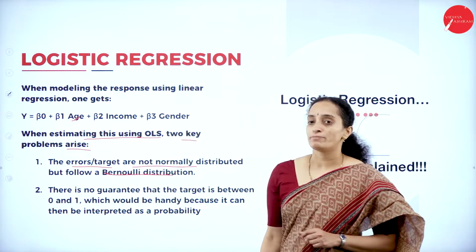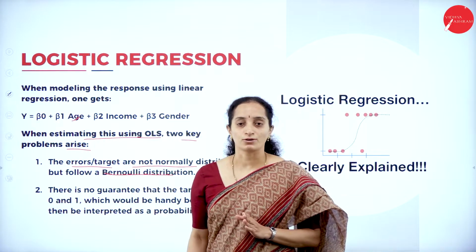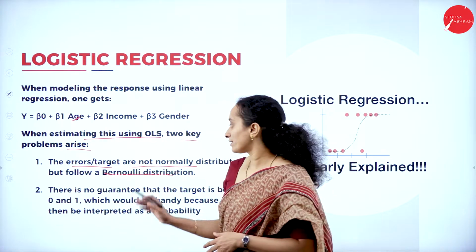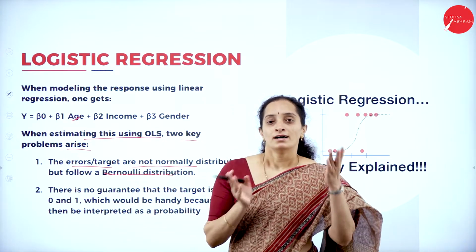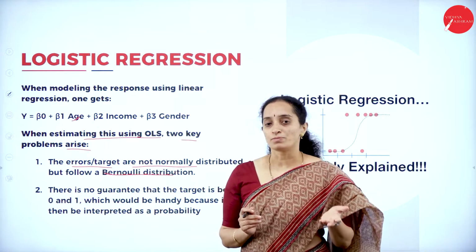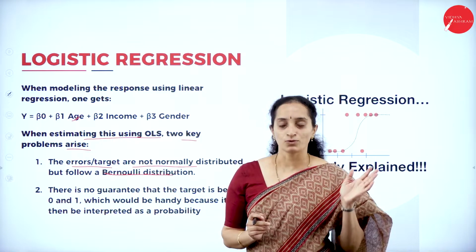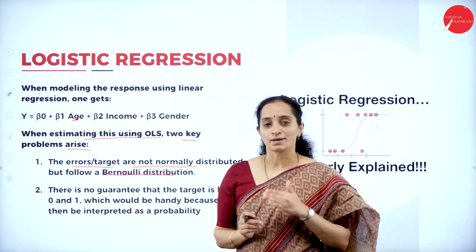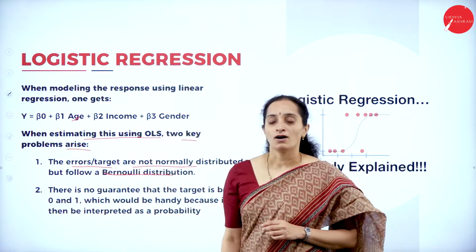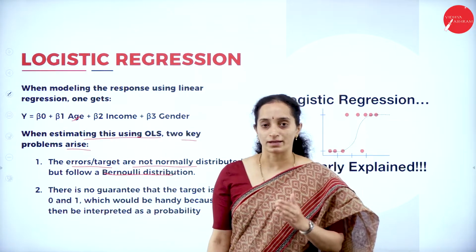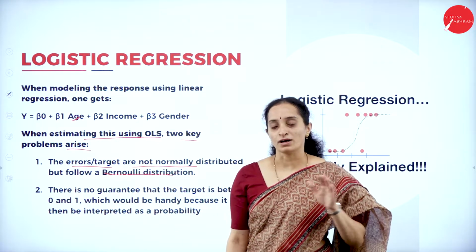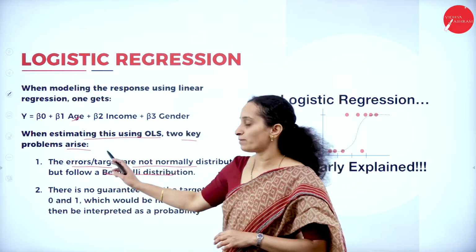It will follow a Bernoulli distribution, where they take the least values possible, which may remove values that are even critical but are not included because of the OLS, that is the ordinary least squares. Some prominent values may also get left out of the square.